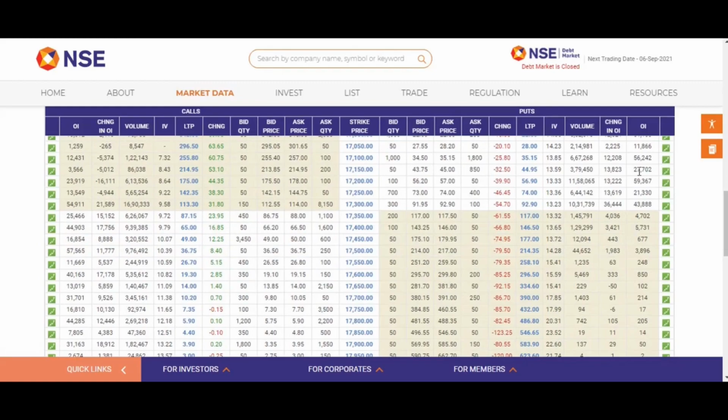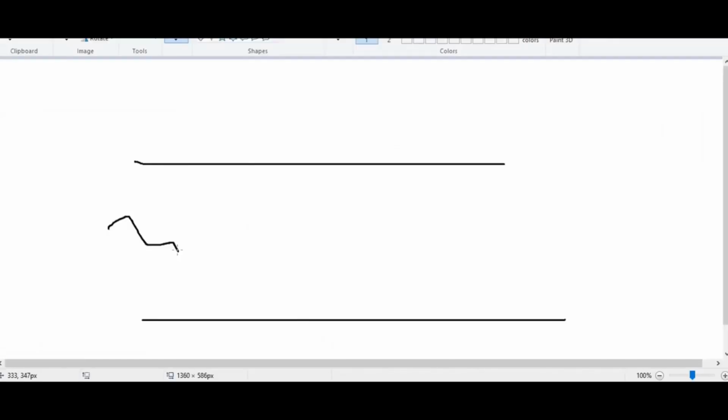All right, getting my point? Why optimistic? Because as we saw in this example, if these people sell puts, they are not expecting markets to go down. If they are expecting markets to go down, why would they sell puts? Because if the markets go down, the value of puts will increase. So they will lose. And these people never lose. These people hardly lose, maybe 5% of the time, because they are the ones who are controlling the markets.